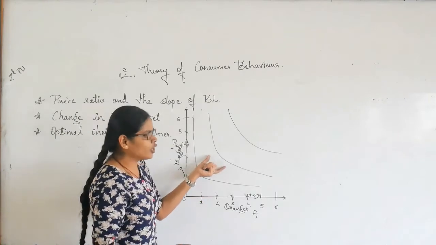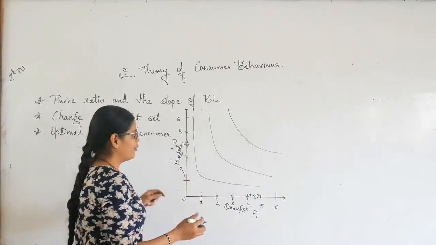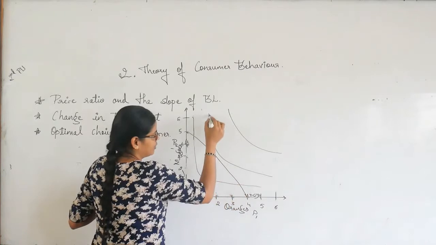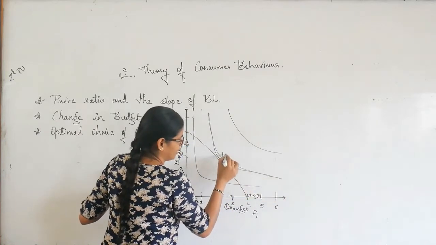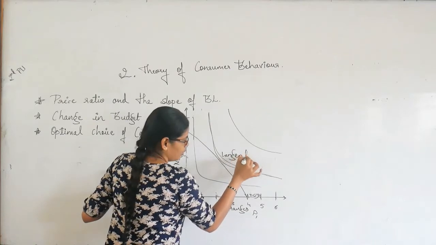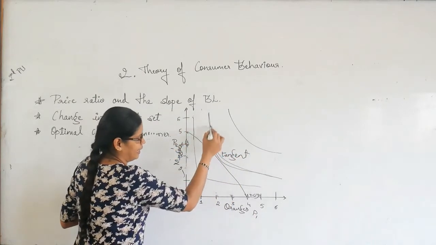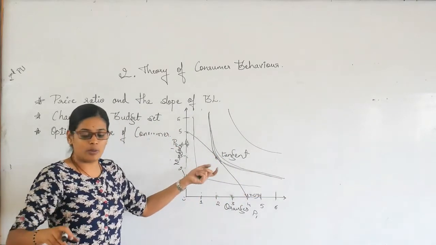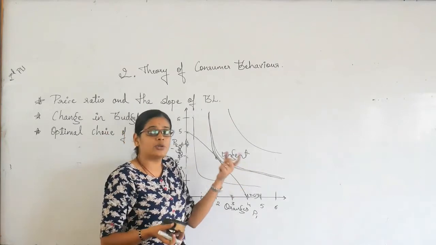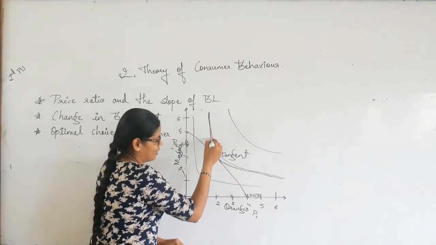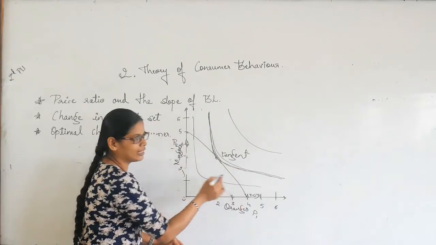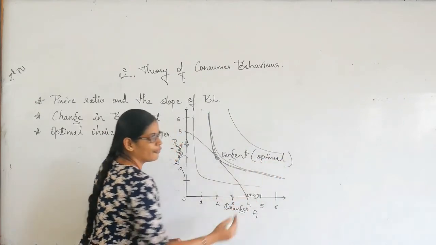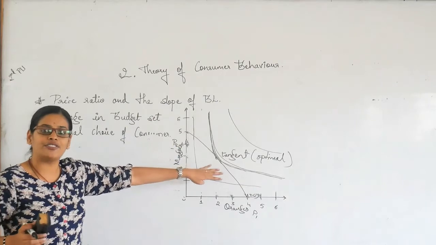So when we talk about the optimal choice of the consumer, we say that the budget line tends to touch this curve. That's the reason we call it the tangent, where the budget line and the indifference curve touch. Tangent is a word derived from Latin. Tangent means to touch. So when the indifference curve touches this budget line, we call it the optimal, because that's fair enough for all the consumers to satisfy their wants.